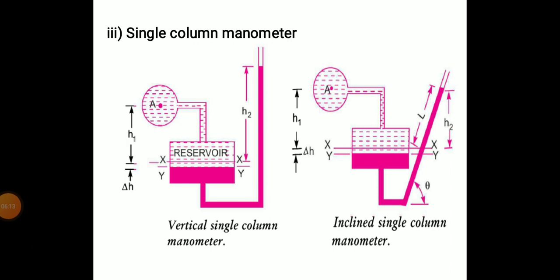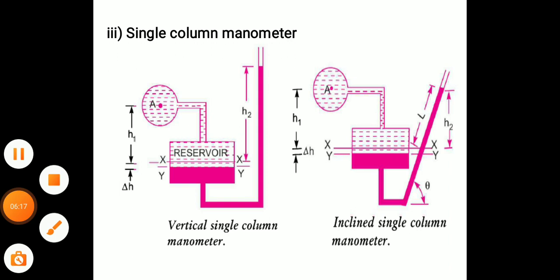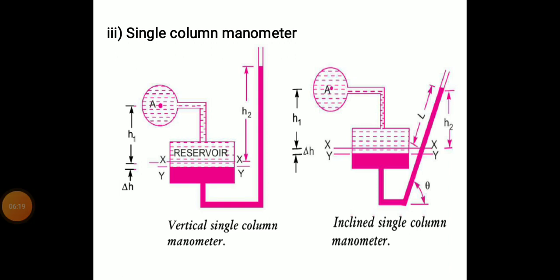Then the third type of manometer is single column manometer. Single column manometer is a modified form of U-tube manometer, in which there is a reservoir, you can see in the figure, having a large cross sectional area, and its area is about 100 times as compared to the area of tube connected to the manometer.